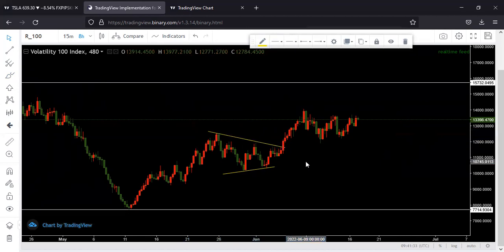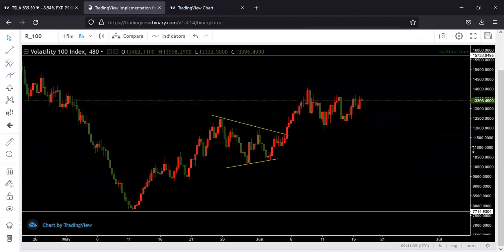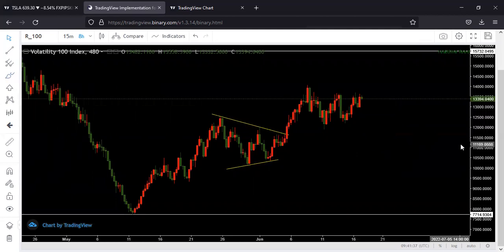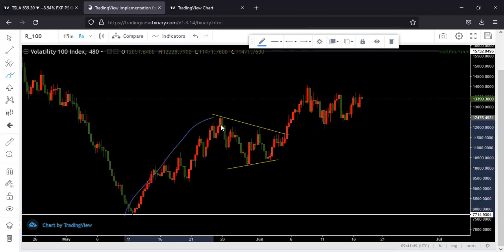On this time frame, remember that we're having this kind of price action: after this big impulsive move to the upside, we had this correction, then boom to the upside.